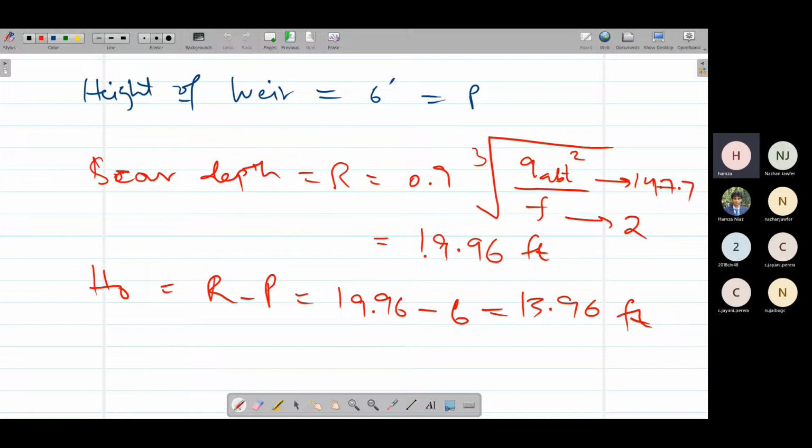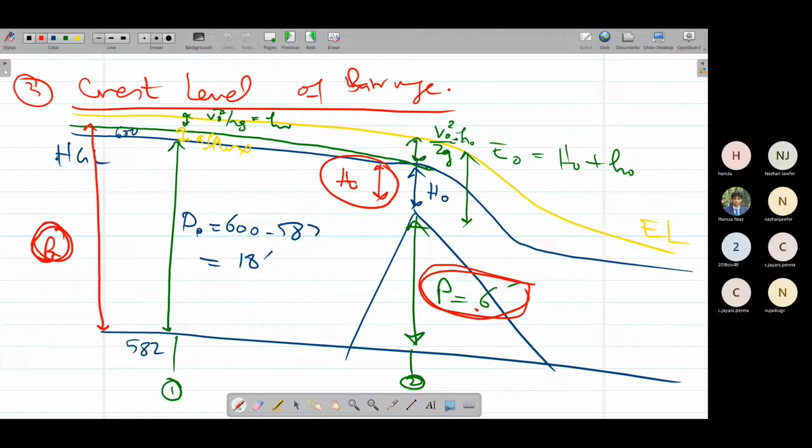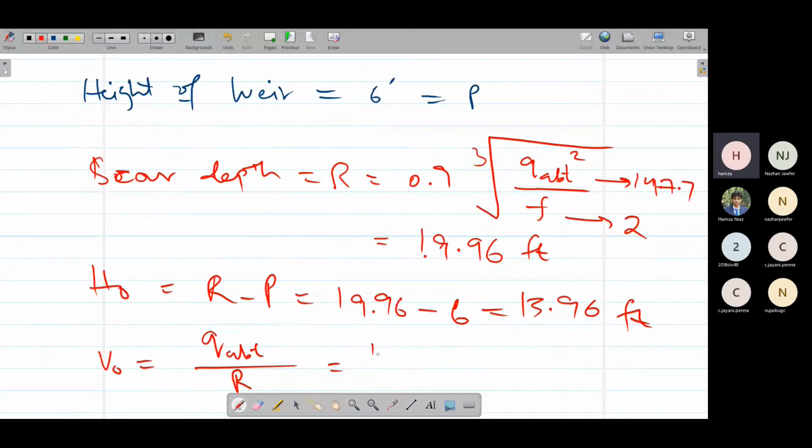And for V naught, we know that V naught is Q abutment over R. Suppose R is above this hydraulic grade line. V is here, V naught is here. So Q abutment we have 147.7, and R we have as 19.96.